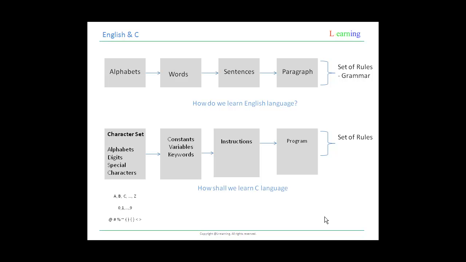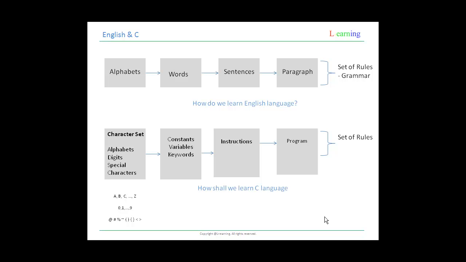Special characters like at the rate, hash, percentage, which are printed on your computer keyboard. So together alphabets, digits and special characters form the character set of C.